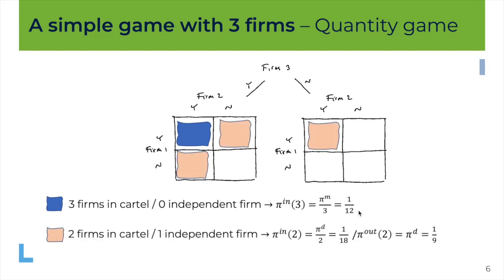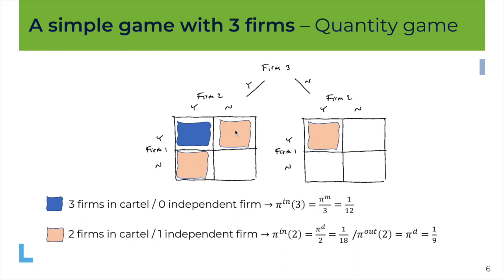Now, let's look at situations where only two firms say yes. Okay, and that happens in these three cells here. There is always one firm that says no. Here it's firm 2, in this case, this is firm 1, and in that case, this is firm 3. Okay, but as we've seen on the previous slide, all firms are identical. So what really matters here is the number of firms deciding to say yes or no, and their identity doesn't matter because they are all identical.